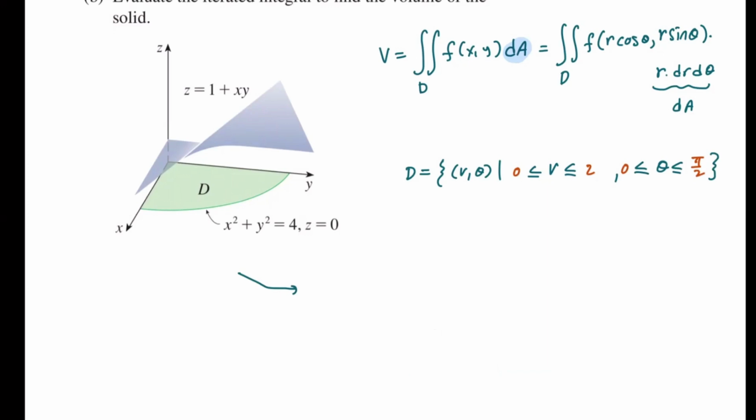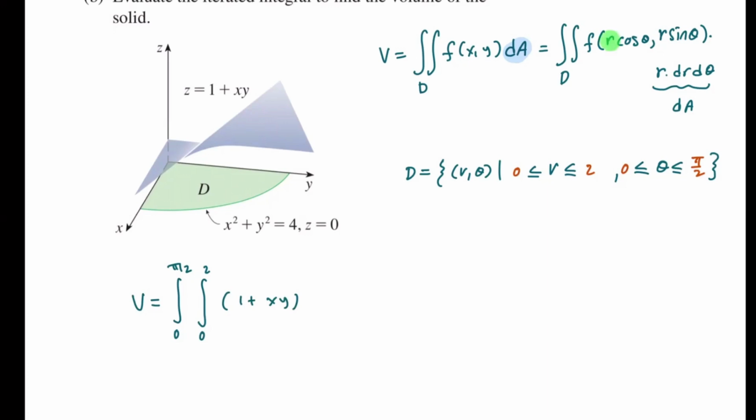So that means our volume is going to be set up in the following way. The volume is going to be the double integral. The inner integral is the bound on r, r going from 0 to 2. The outer integral is the bound on theta, from 0 to pi over 2. And here we put in our function, 1 plus xy. That is the surface. Now you have to express each of these in terms of r and theta.